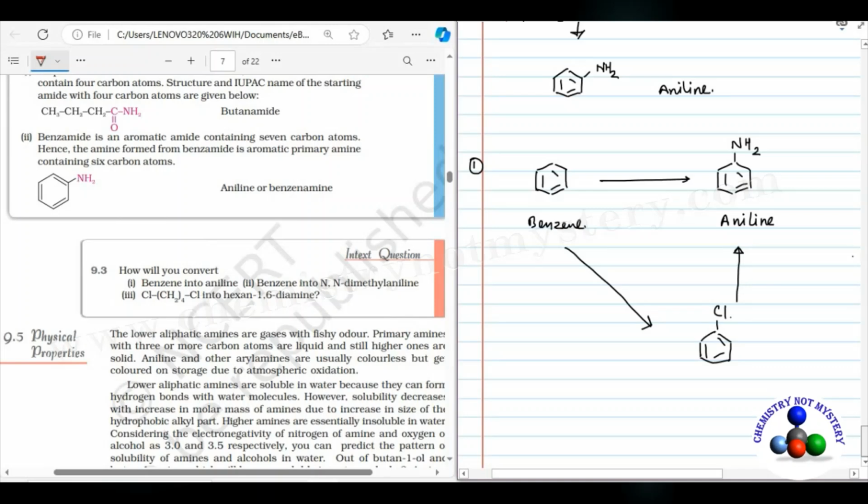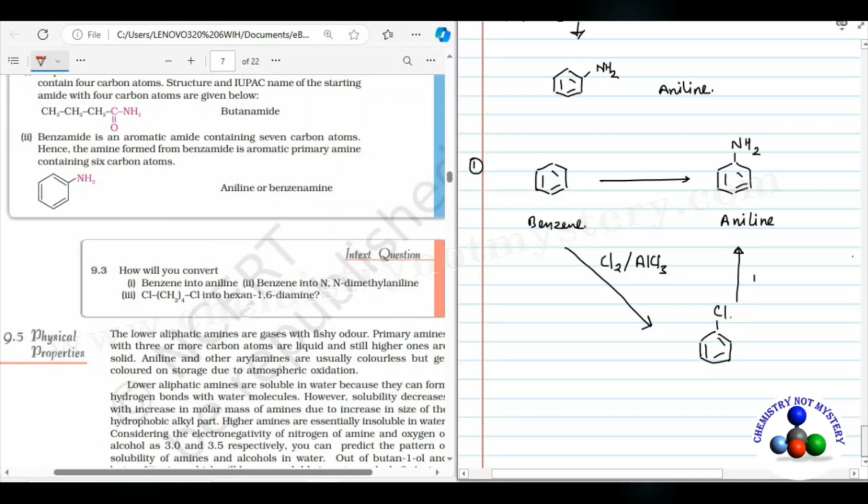When benzene undergoes electrophilic substitution reaction with Cl2 in presence of a Lewis acid, the Lewis acid that you can use can be AlCl3 or FeCl3. So when benzene is treated with Cl2 in presence of Lewis acid, chlorobenzene can be prepared, and when chlorobenzene undergoes nucleophilic substitution reaction, means ammonolysis, you can get aniline.